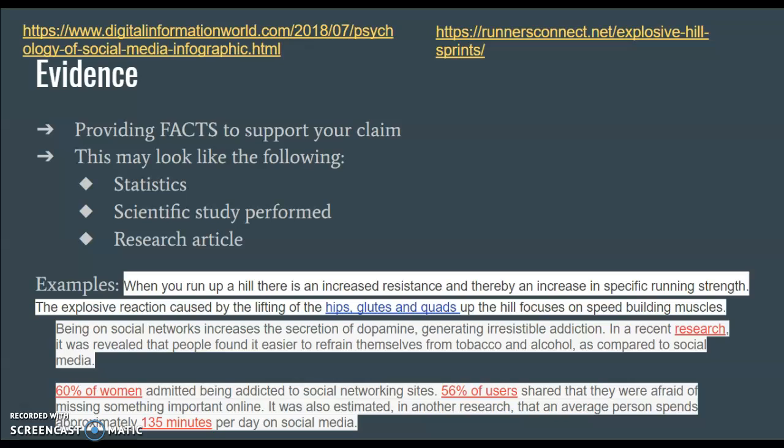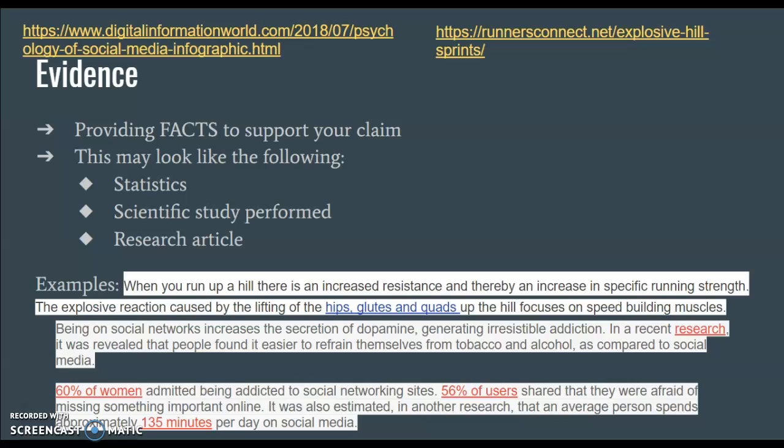This is what I would expect when you're doing more of a research paper, when you're putting it in your own words. But what we're doing is we're providing facts for our evidence to support our claim. Some of this may look like statistics, maybe a study that was done, maybe just actual factual information, a research article. So this part might be a little more difficult on the test because you have to really know what you're talking about to answer this.